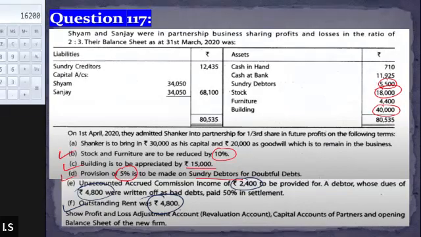Cash in hand we have is 710, then Shankar has brought in 30,000 as his capital and 20,000 for goodwill. That means 20 plus 30 will be 50. 50,710 should be the total cash available, I guess. I'm not saying you're wrong, I just wanted to know how you came up with 53,000.